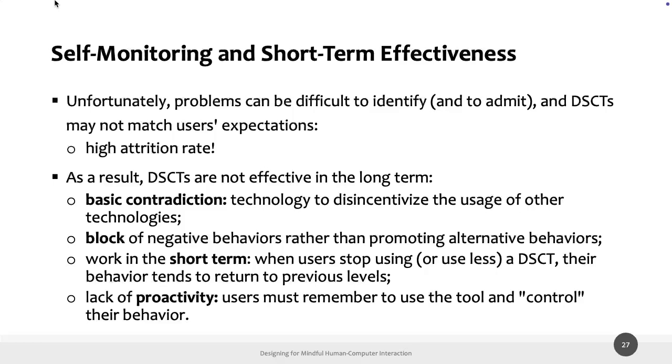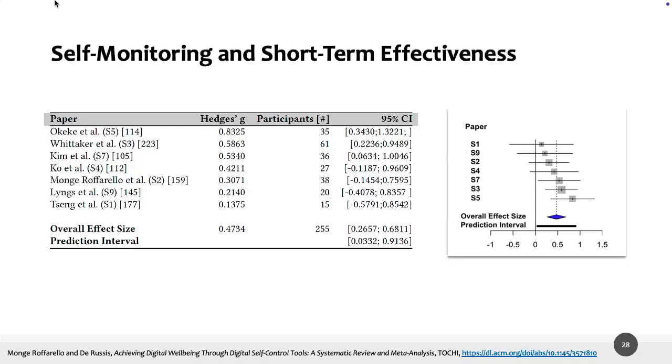So there is this lack of proactivity. Users must remember to use the tool and control their behavior. And we demonstrated this in the systematic literature review. We also conducted a meta-analysis based on the results reported in the papers under analysis. And we demonstrated that there is a short-term effect, but then this effect decreases over time.